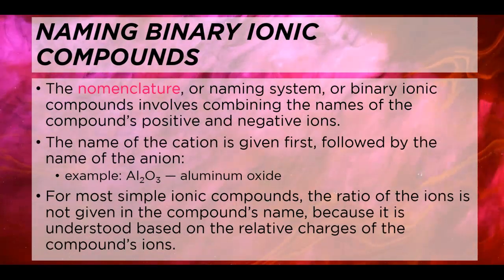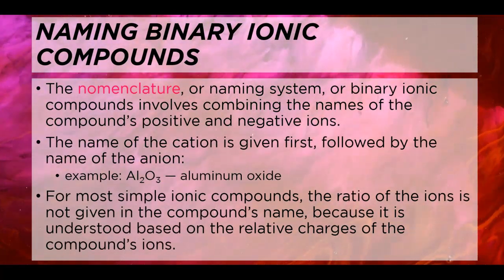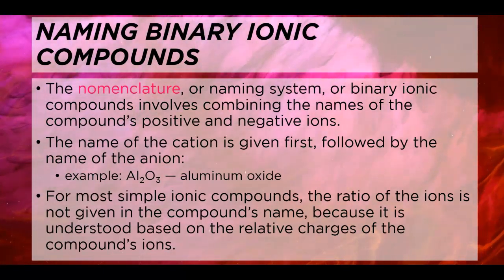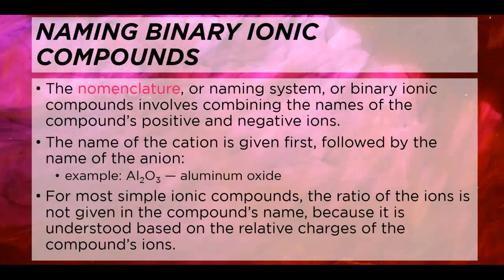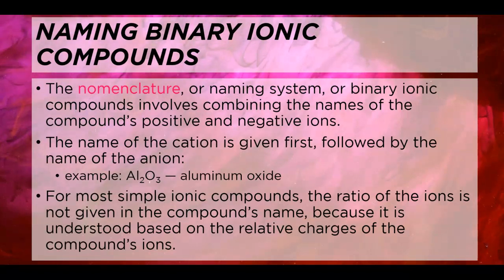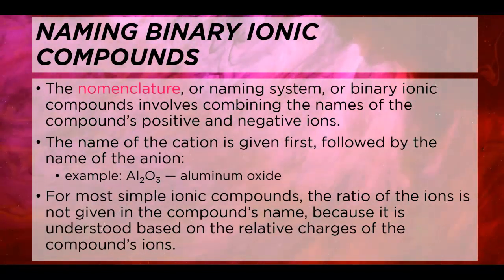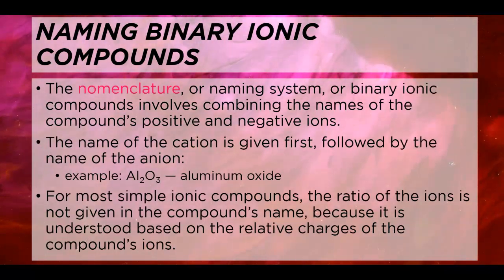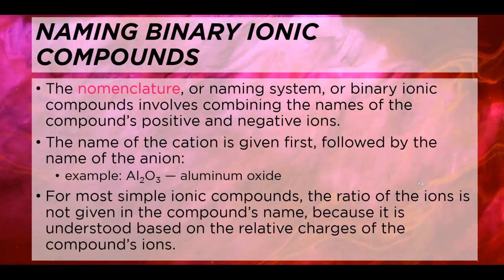So for that example in the last problem, we had Al2O3. That would be aluminum oxide. The reason we don't put anything else in the name, like you think carbon dioxide is a molecular compound, and we have the di there for 2 in dioxide, that's because molecular compounds can form many different combinations.